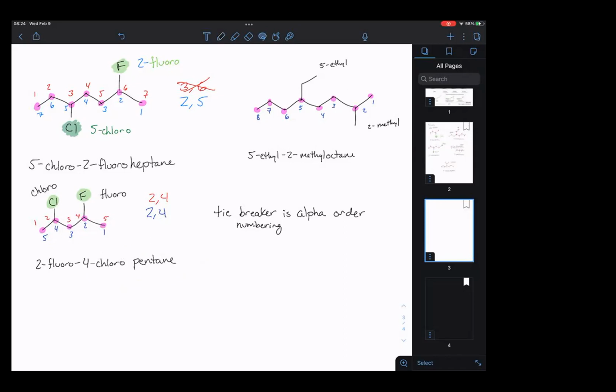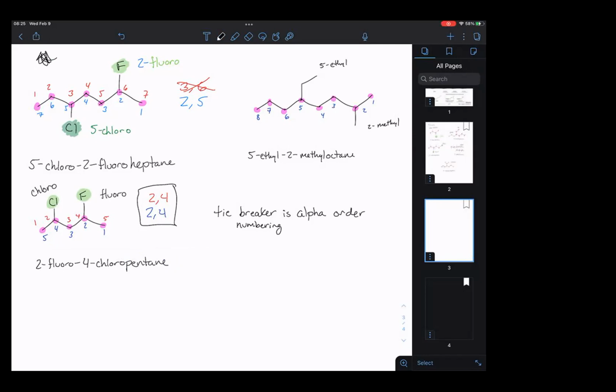One of the biggest mistakes that I see people make is to always think that you're doing it in alphabetical order. Remember, in these two examples, we didn't consider alphabetical order until we were constructing our name. It didn't influence our numbering scheme at all. It's only in this example where we have a tie in our numbering scheme that we're going to number them in alphabetical order.